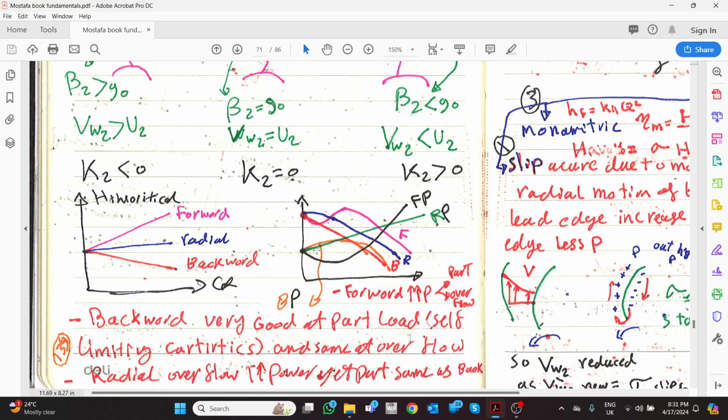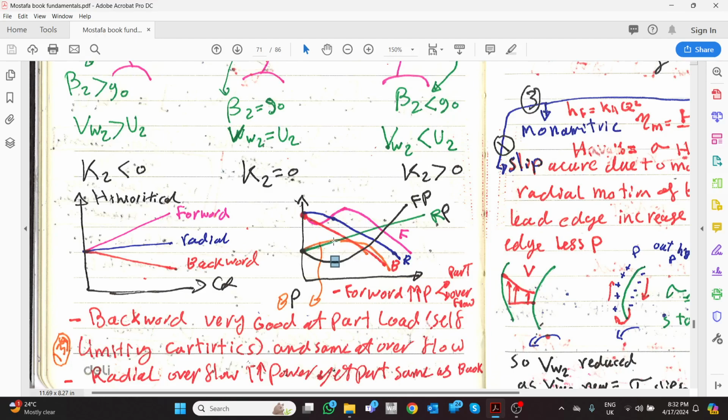In the opposite case, at part load, if I select the forward plate, I am not going to get the optimal power. If I go to part load, which is less flow, it will take more power. So if you need more flow, more power, and less flow, more power.